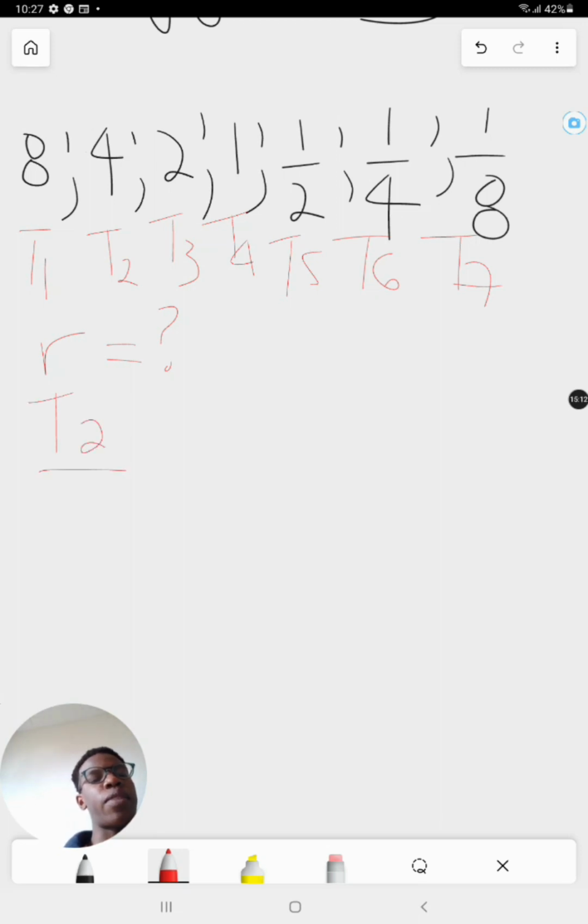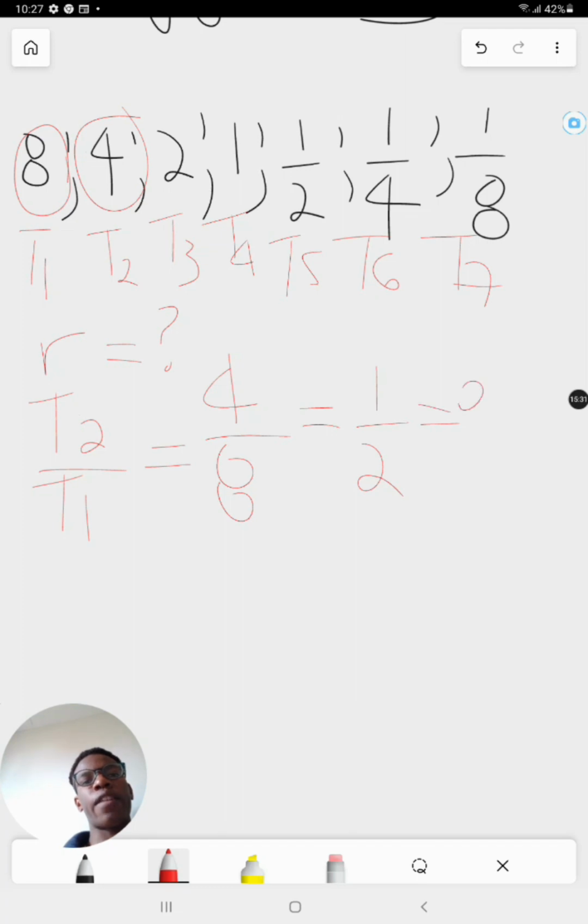So what is T2 divided by T1? T2 is 4. T1 is 8. So R in this instance is 1 over 2. If you punch this in your calculator, you'll get 1 over 2 or 0.5, or half. What is T3 divided by T2?